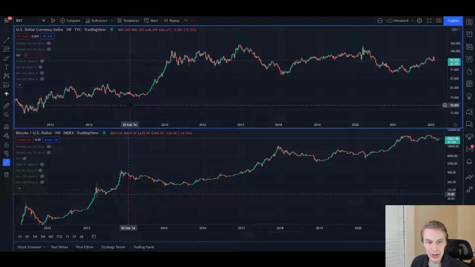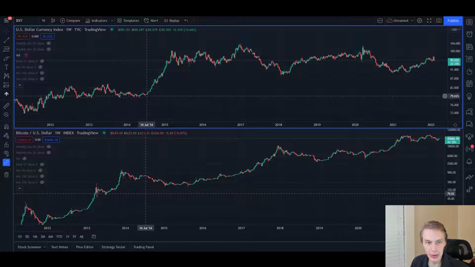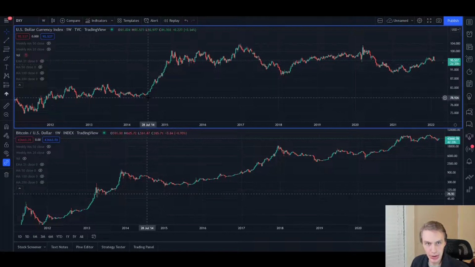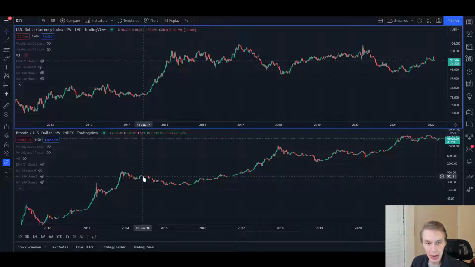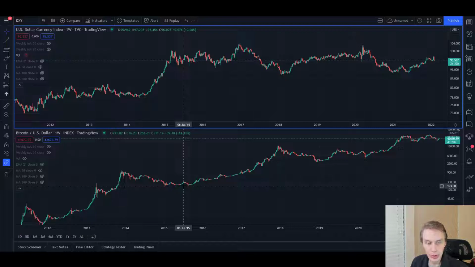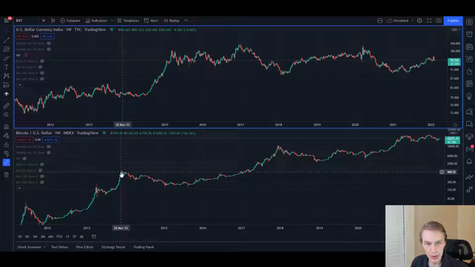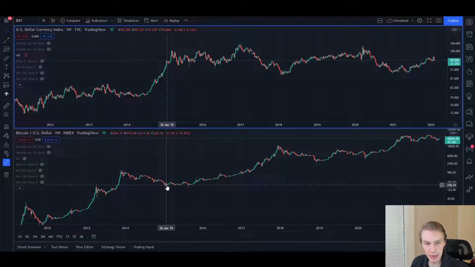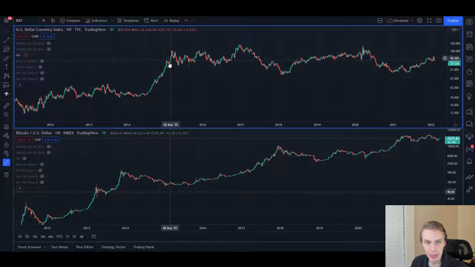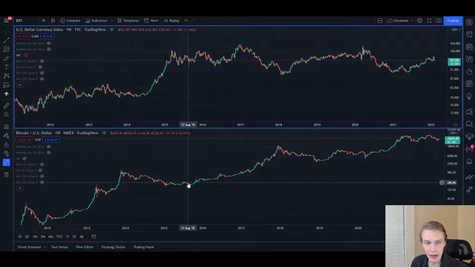So for example, if we start here in 2014, you'll see that as the dollar went on this parabolic run, shooting up to the upside, that coincided with a pretty protracted and deep bear market for Bitcoin over that same period, right? Coming off the 2013 high, going all the way into the depths of the bear market going into 2015. That's one of these big points: a drawdown in crypto, and a big gain in the dollar.